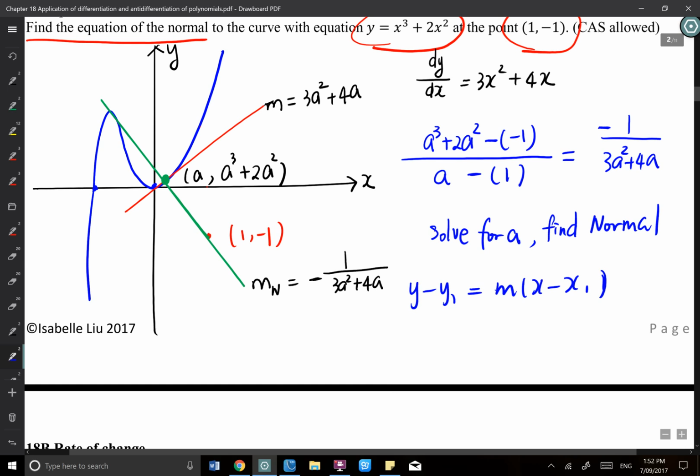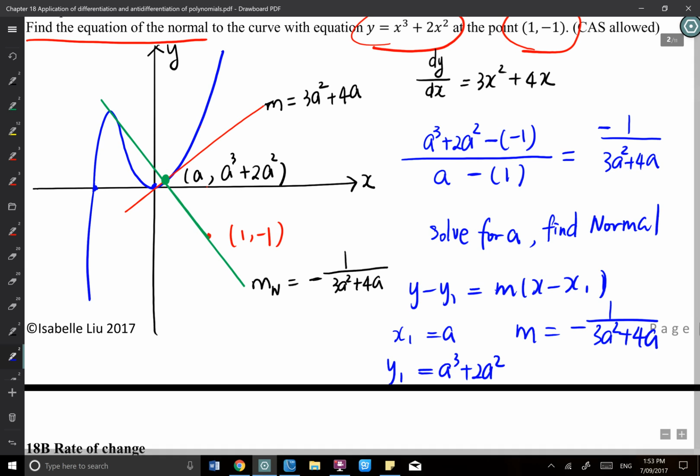So x1 equals a, y1 equals a cubed plus 2a squared, and m equals minus 1 over 3a squared plus 4a. You work out every point according to a and put that back into the equation.